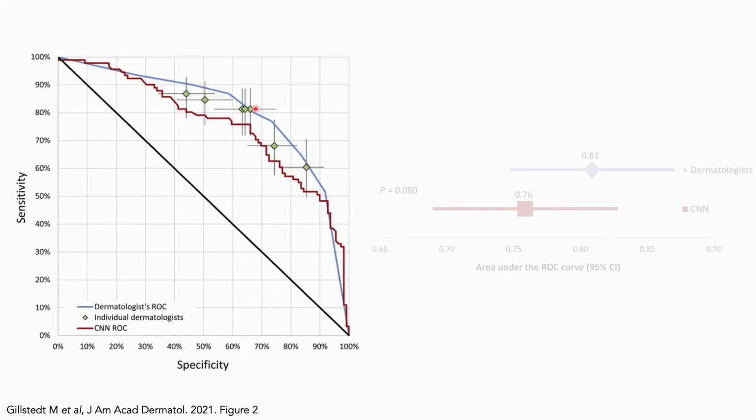The dots represented here are the invited dermatologists' scores in terms of sensitivity and specificity for classifying invasive melanomas. And as you can see here, the receiver operating characteristic curve for the CNN was slightly lower than that of the dermatologists. And you can see the combined dermatologists' ROC here.